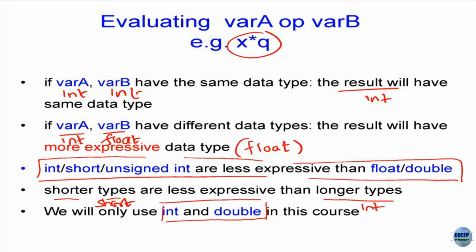If variable A and variable B have different data types, so for example an int and a float, then the result of multiplication will have the more expressive data type, and I already rationalized that more expressive would be that which gives you more freedom. So in this case we would expect it to be a float, and indeed that's the principle. Int, short, unsigned int are less expressive than float and double.